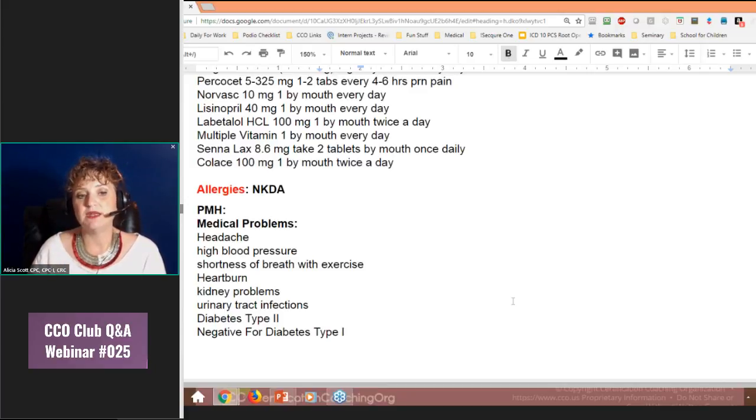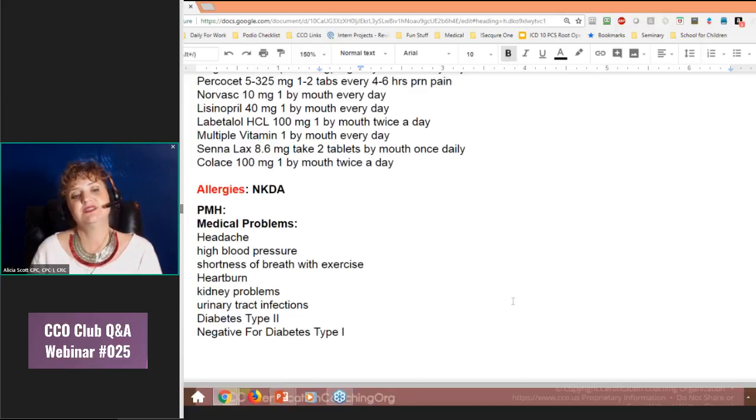Usually if it says no known allergies, this means drugs and everything. But if it's no known drug allergies, then we don't know that the patient isn't allergic to strawberries, right? Because it says there's no drug allergies that they know.